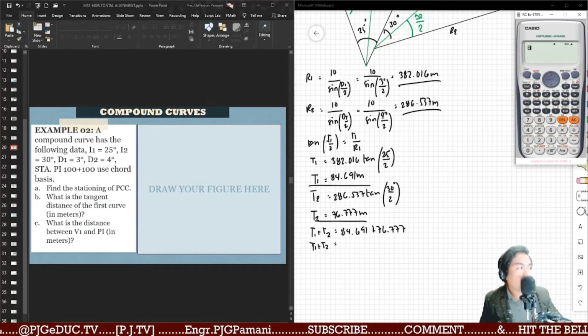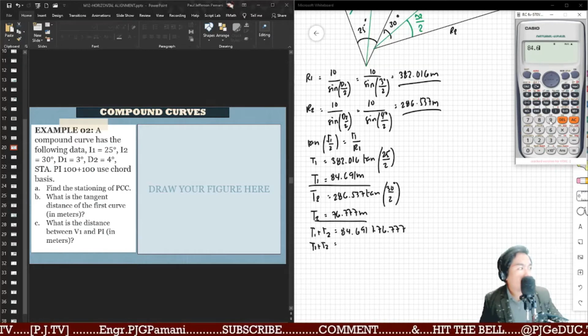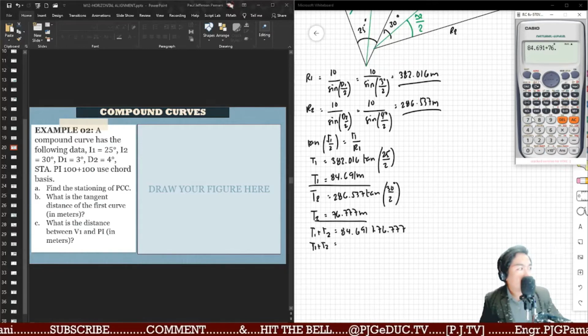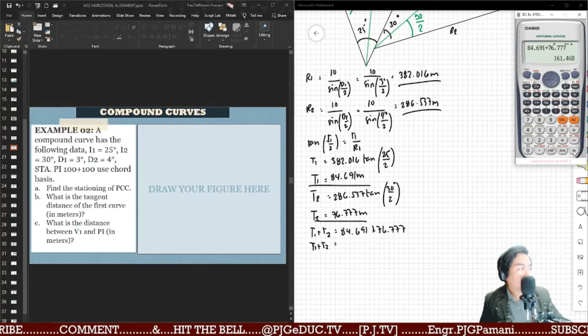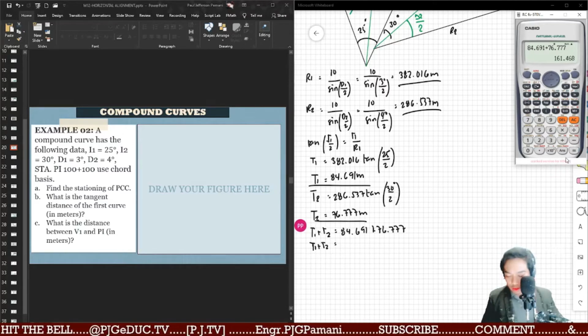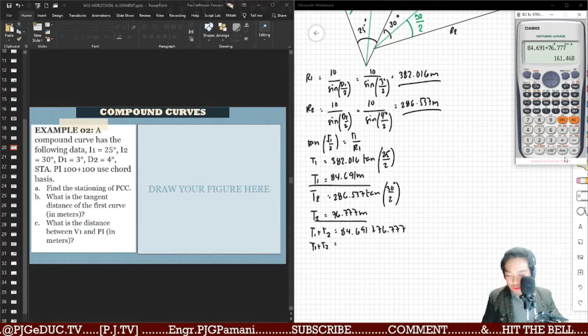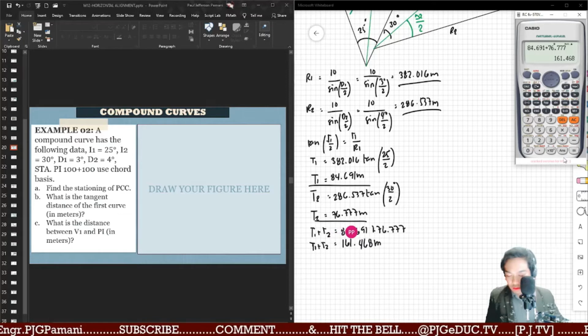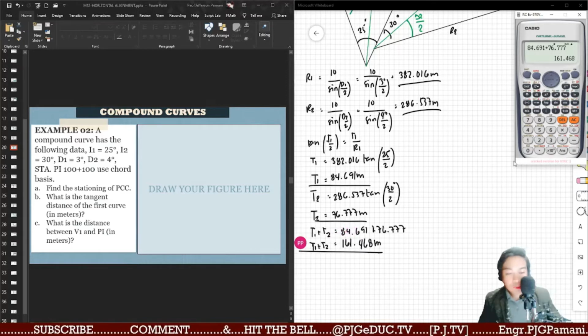Hopefully maalala ninyo. 84.691 plus 76.777. So our common tangent is 161.468 meters. Now, balik tayo dun sa ating figure.